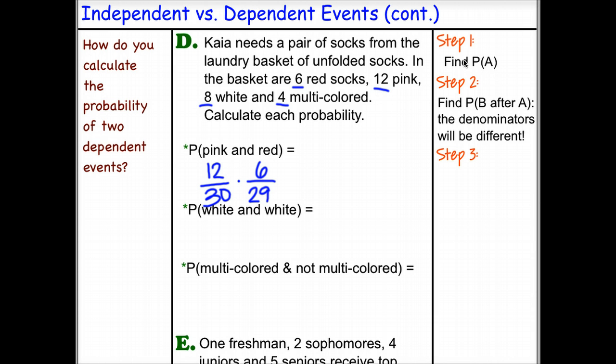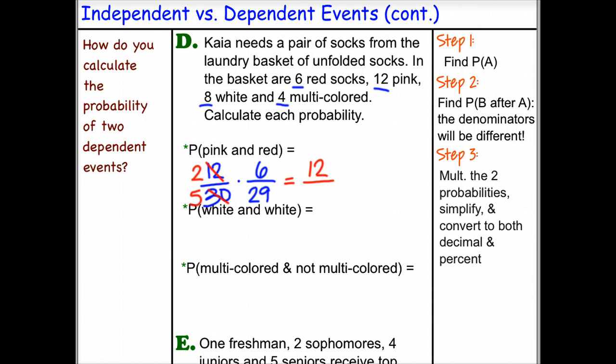So what I'm going to do now is simplify so I don't have such big numbers to work with. 12 and 30 are both divisible by 6. That'll give me 2 on top and 5 on the bottom. Now when I multiply, 2 times 6 is 12, because my third step is going to be to multiply the two probabilities, simplify, and convert to both decimal and percent.